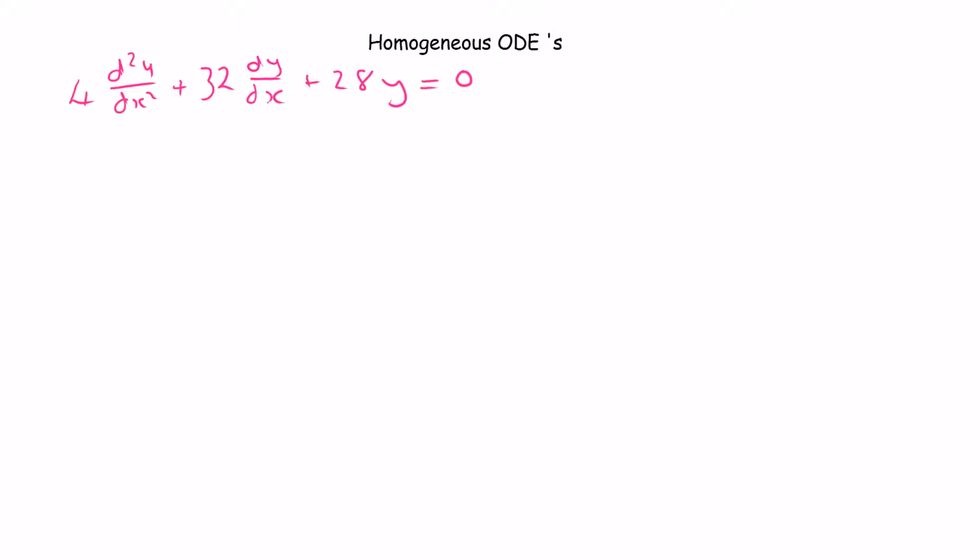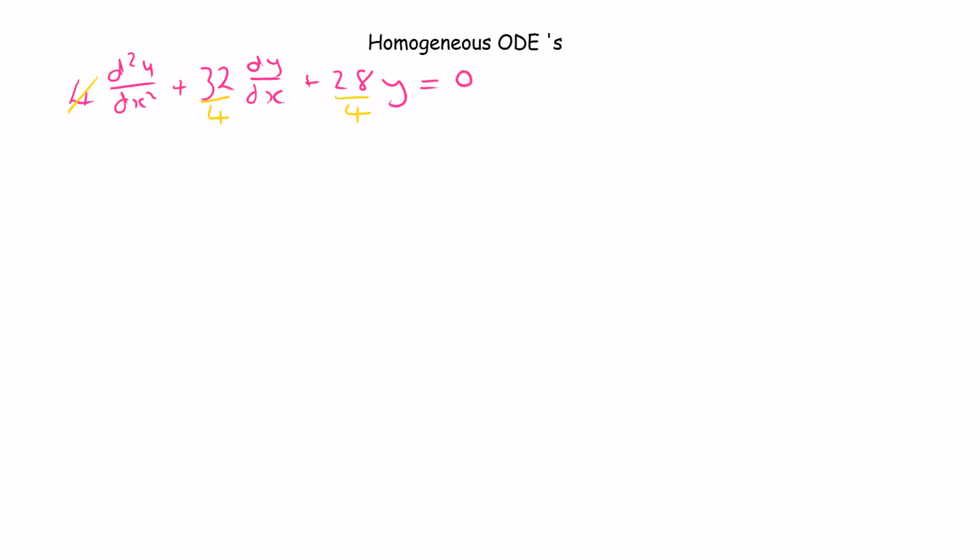So the first thing to do is to put it into a form that we can work with. If we divide everything by 4, we can get rid of the coefficient of d2y by dx squared. So we're going to divide by 4, so that will cancel, that will be divided by 4, that will be divided by 4, and the 0 divided by 4 is 0.